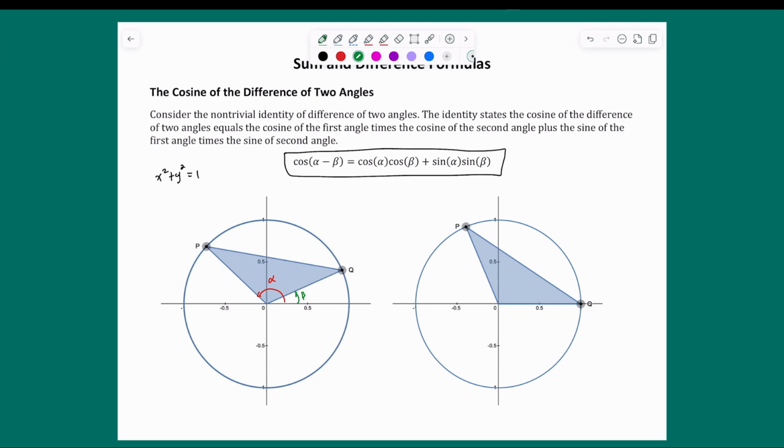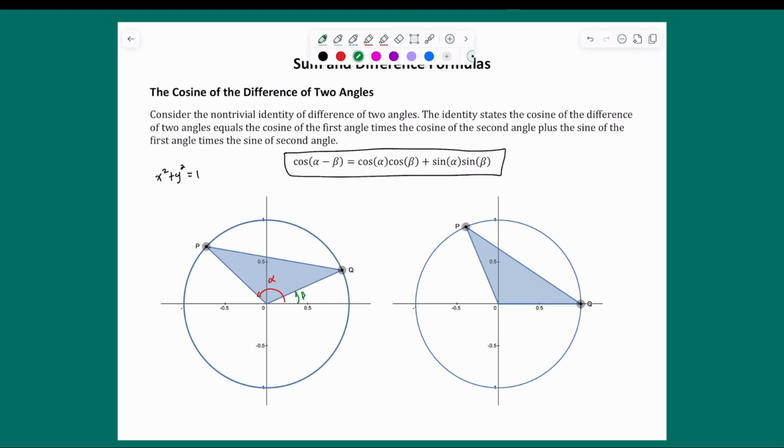Imagine angle alpha intersects the unit circle at P, and the angle beta, its terminal side intersects the circle at Q.